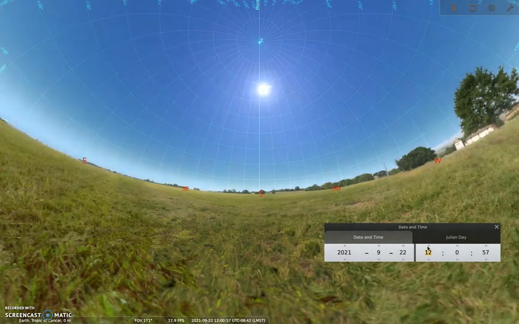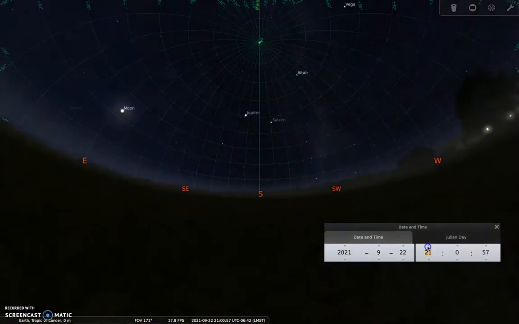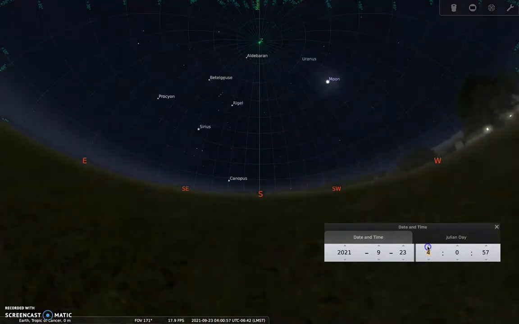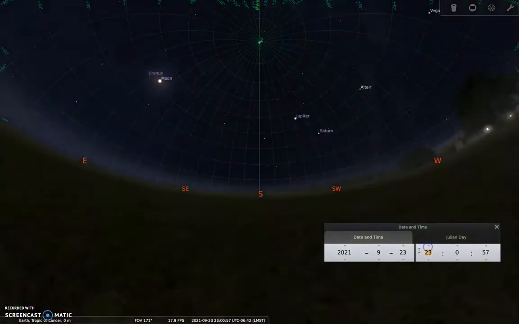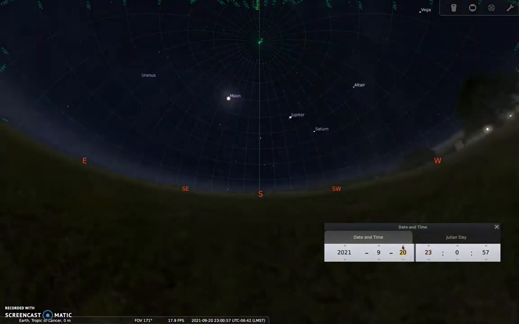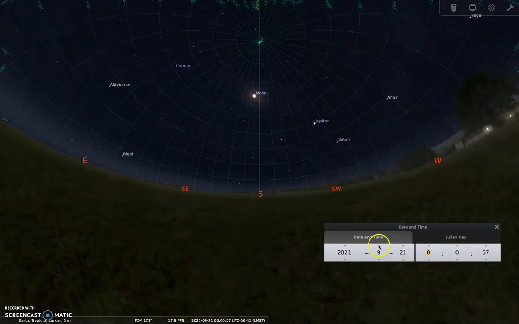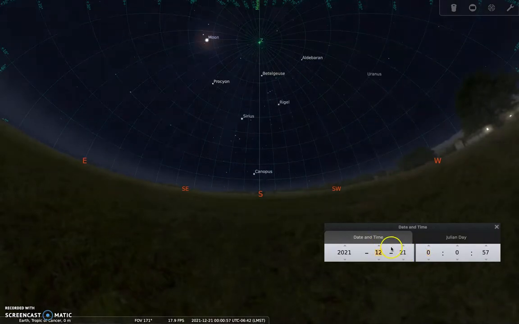All right. Now the sun's path is lower, or further south, than what it was in June. So thus the sun spends less time above the horizon. Okay. Now it's nighttime. Let's go back to the 21st. There we go. And now let's go to December 21st.